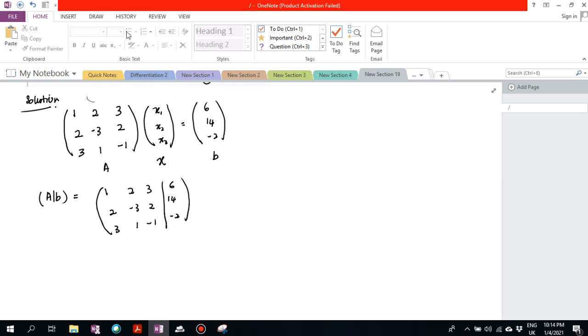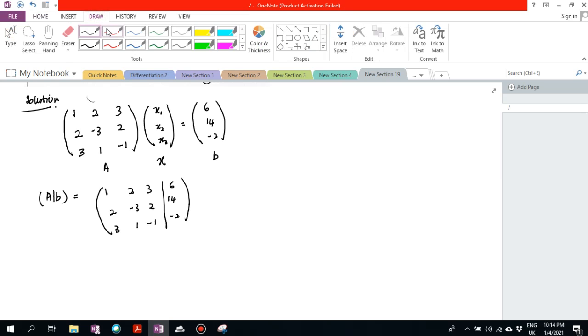So in this concept of Gauss elimination, you need to eliminate based on row. The main objective is to get this triangle, something like this: 1, 0, 1, 0, 0, 1.